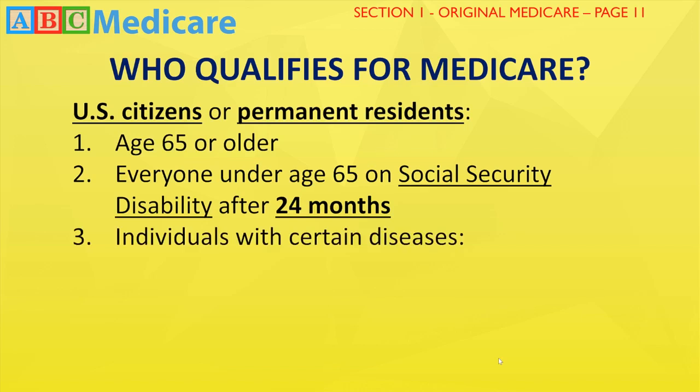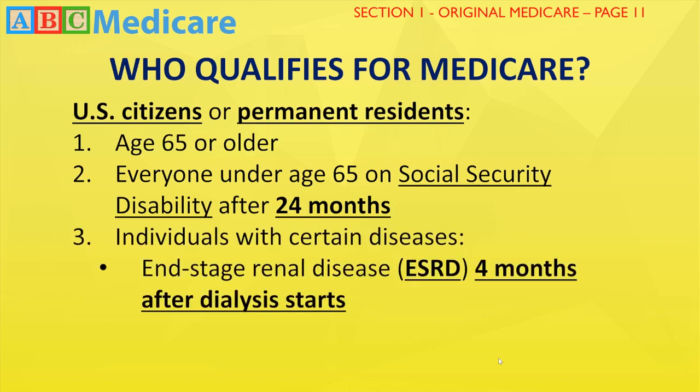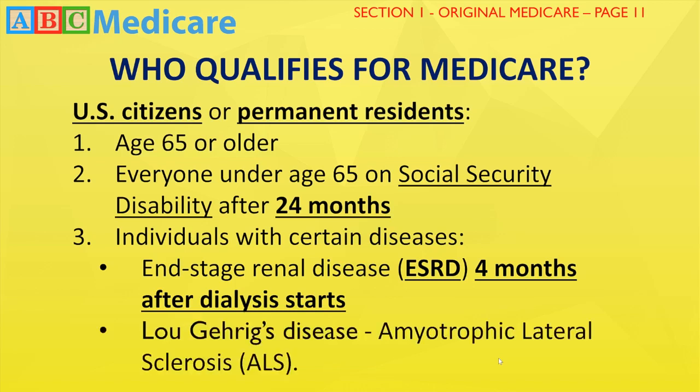Also, individuals with certain diseases like ESRD or end-stage renal disease can qualify for Medicare 4 months after dialysis starts. And there are certain diseases like ALS or Lou Gehrig's disease where Medicare is immediate and they can get on Social Security disability immediately if they have that particular disease.